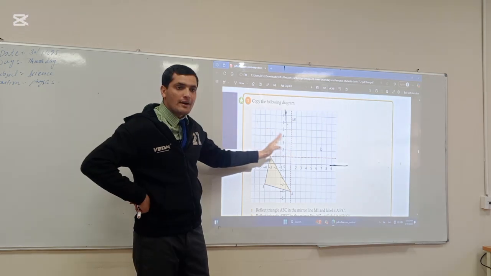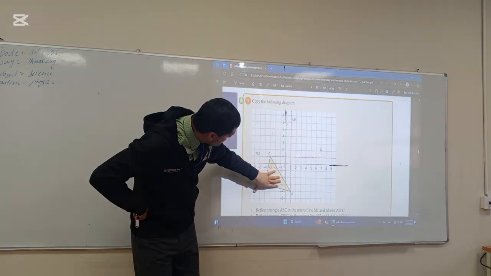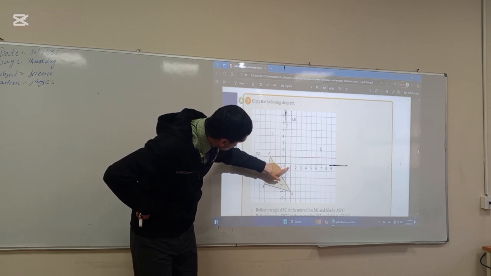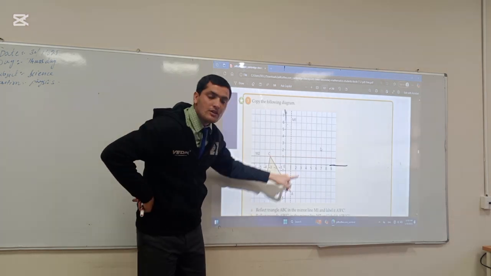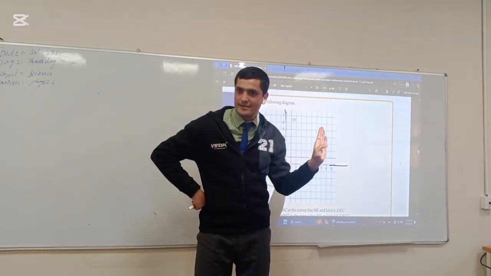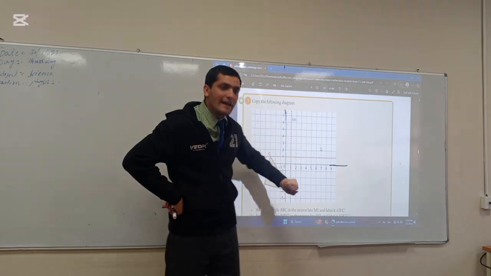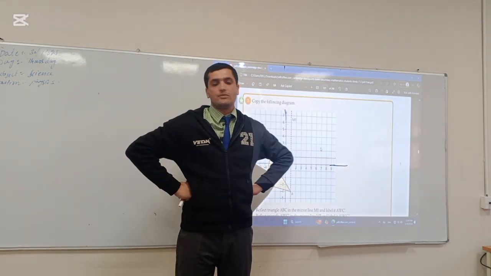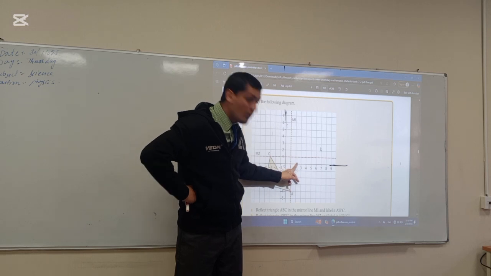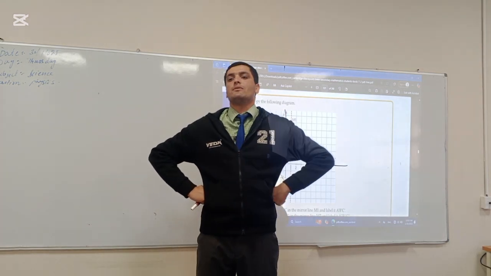In the second quadrant, x is negative and y is positive. When you want to come here, you have to go left, which is negative for x, then go down, so y is negative. So in the third quadrant, both x and y are negative. In the fourth quadrant, you go along this way, then go down, so x is positive and y is negative.